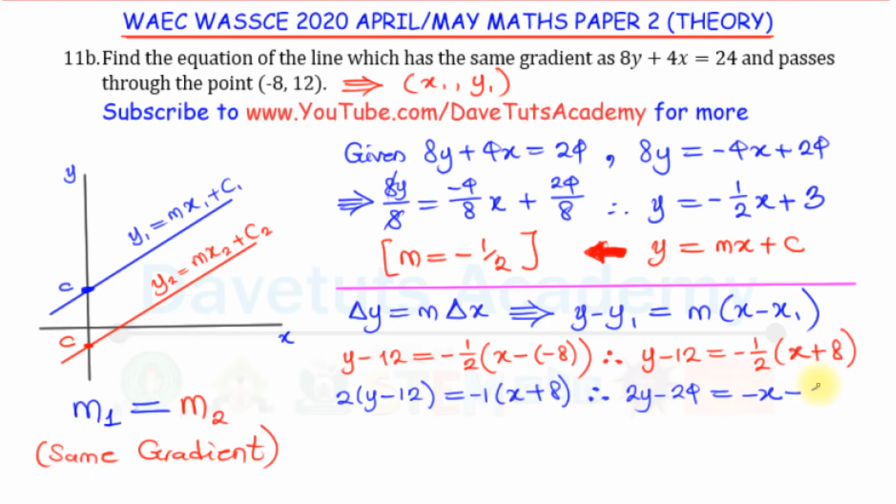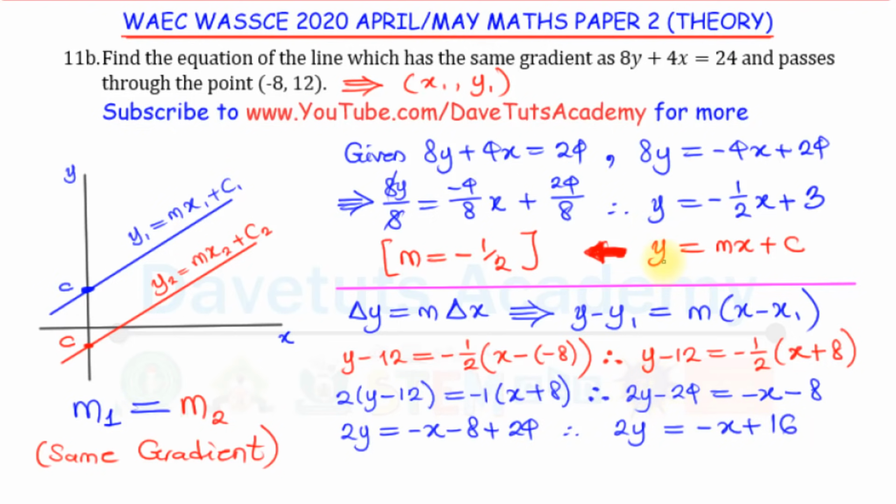Okay, so now we want to just leave y on the left hand side and take the other number, this minus 24, to the right hand side. So we are going to have 2y is equal to minus x minus 8, but now it will be plus 24 because initially it was negative. When it moves to the right hand side, it will become positive, and that is the same thing as saying 2y is equal to minus x minus 8 plus 24 is plus 16.